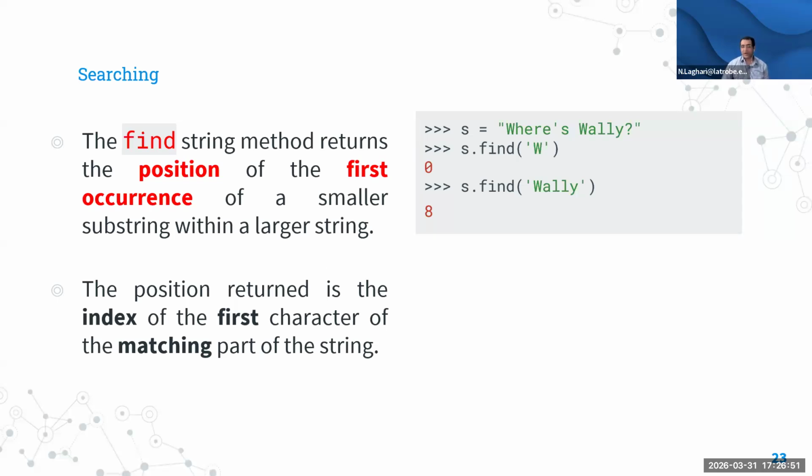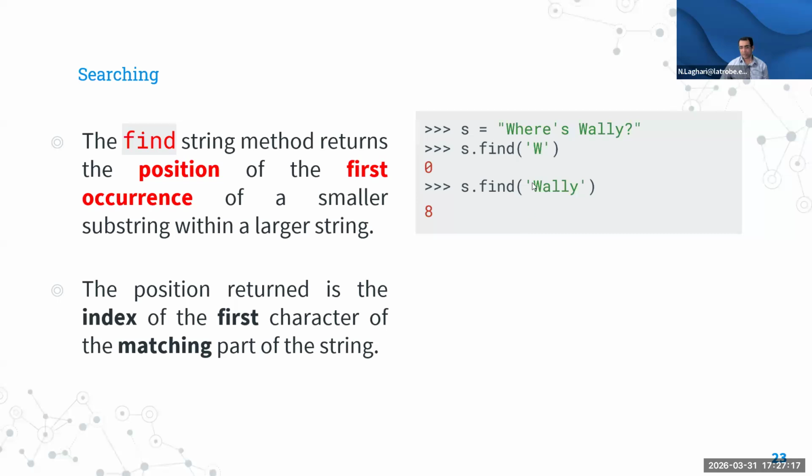We can find substrings within a string. This is a method for the string, so you need to use dot with that. You have one string, "where is Wally", and you say find me W, and it says W is your first character that has the index 0.